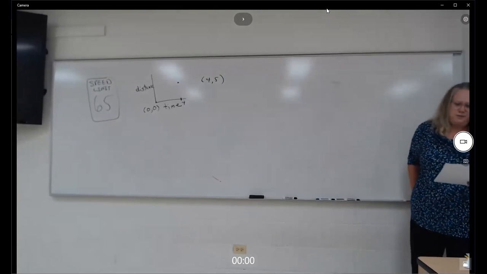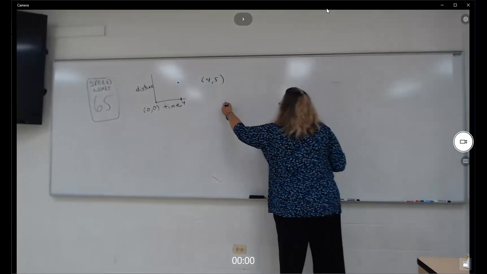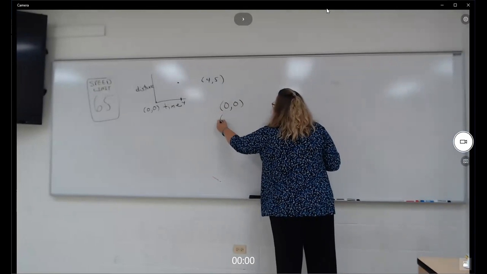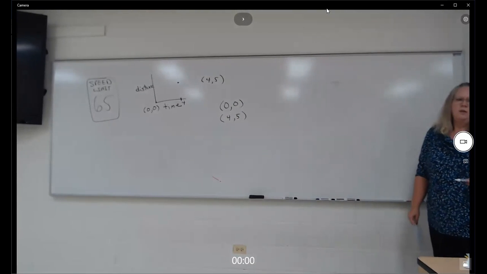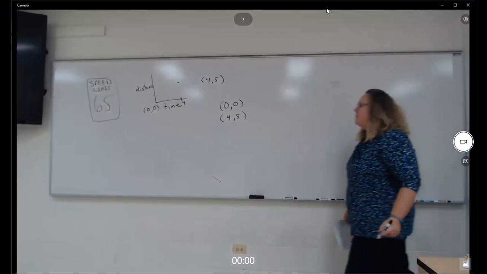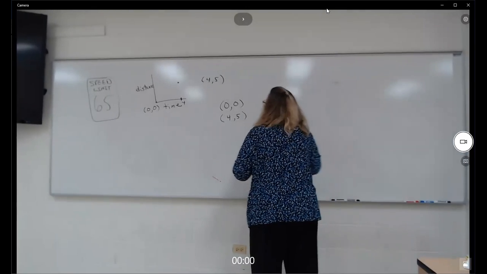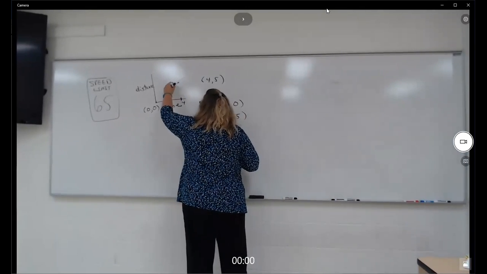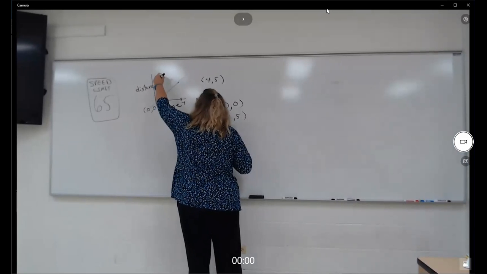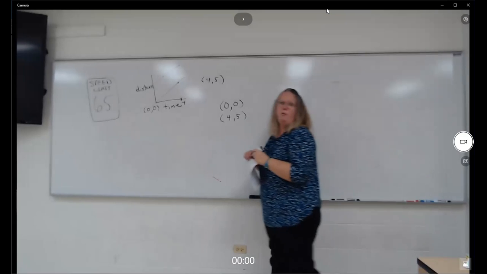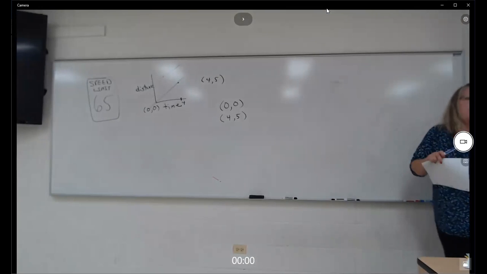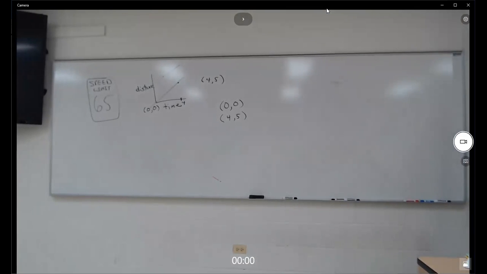So the problem starts at (0, 0) and it ends at (4, 5). Whatever the slope of that line is, I know that there's a point out there that has the same slope. And the slope of that line is the speed or the rate.